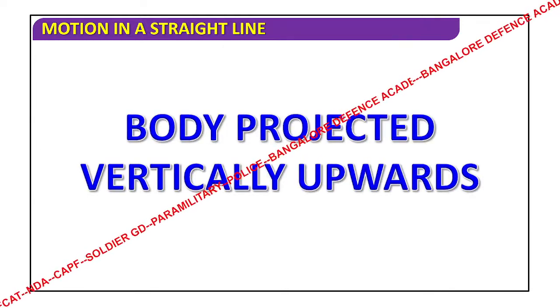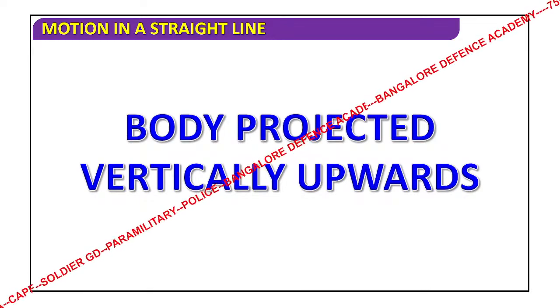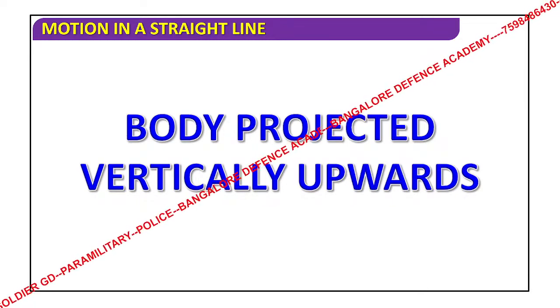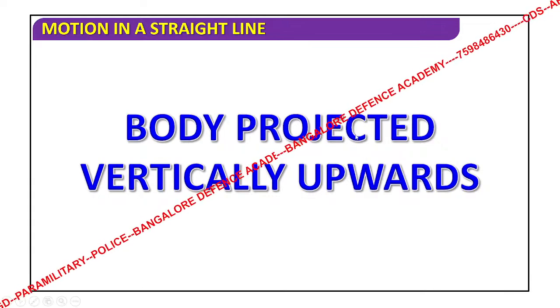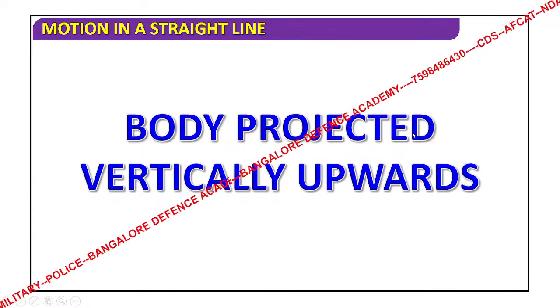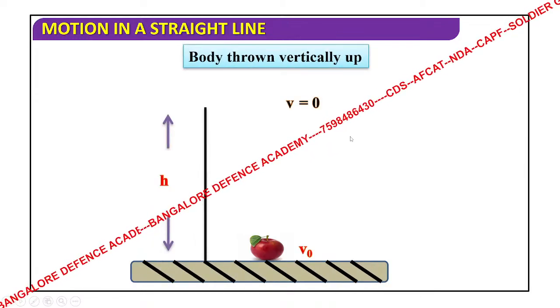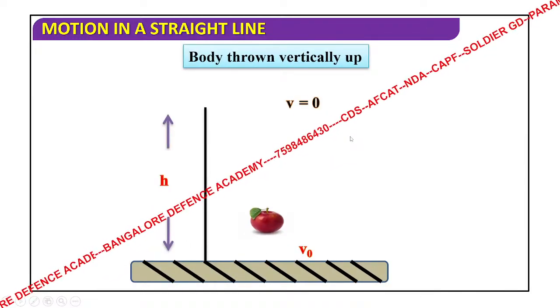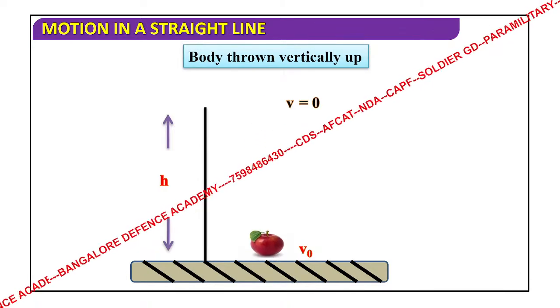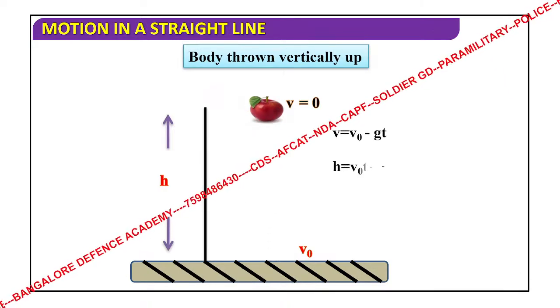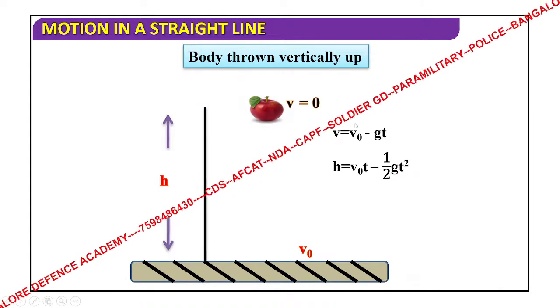Next. Today we have completed a body falling from space to the earth, so I am taking acceleration as positive g. In tomorrow's class we will be looking at acceleration as negative g. So look at this, the apple. Now I'm going to throw it up, and now I'll be taking acceleration as negative g.